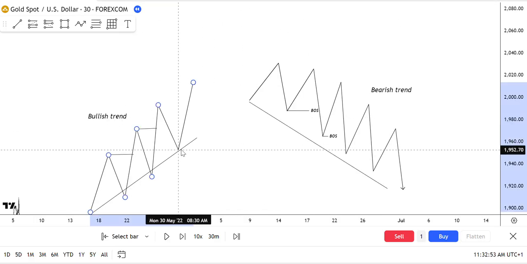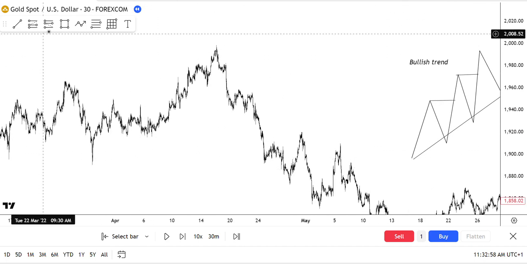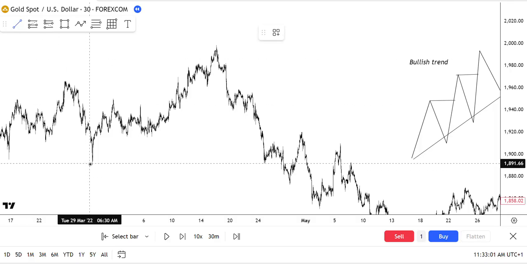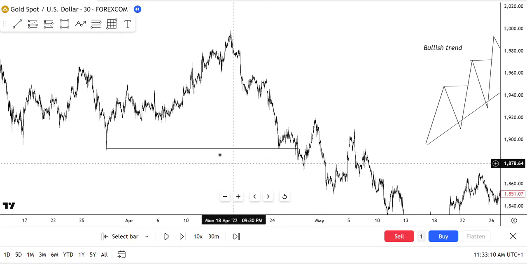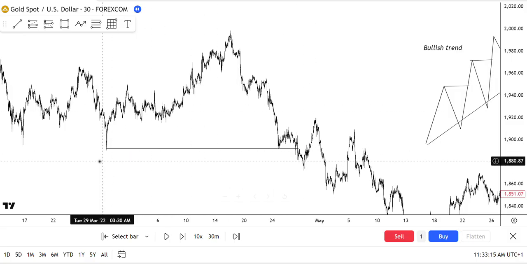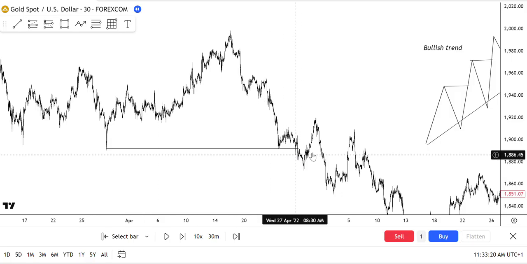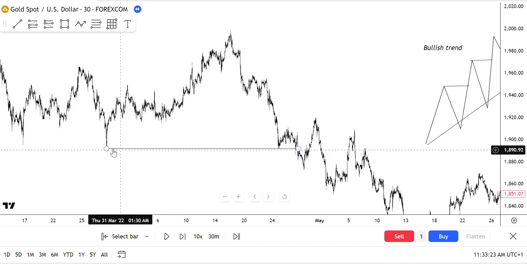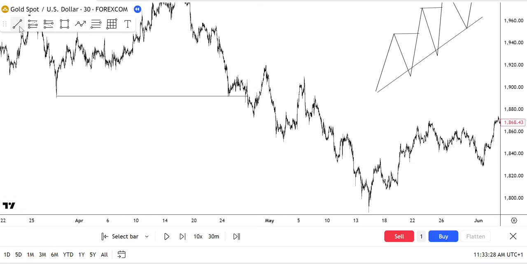And so whenever we have something like this happen, we have a break of structure happening right there, because we have a higher high and a higher low, and then we have a lower high and a lower low. So we have a high being taken, we have a lower high, and we have a lower low. We have a low being taken in this case, and another low being taken in this case.